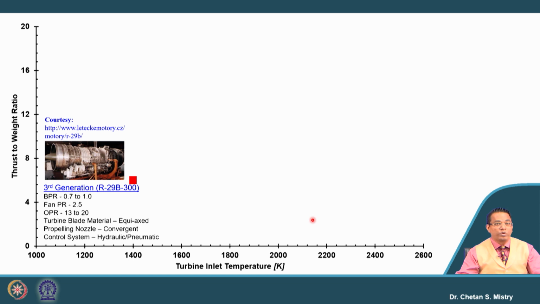Fan pressure ratio is approximately 2.5. Overall pressure ratio is slightly on the lower side, say 13 to 20. Turbine blade material, in those days, was equiaxed. The propelling nozzle is mainly a convergent nozzle, and the control systems are hydraulic and pneumatic. So this is what is called the third generation aero engine.